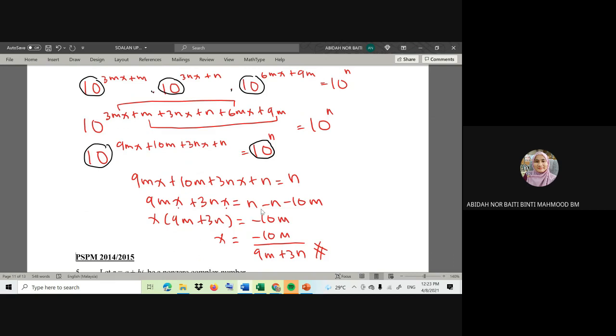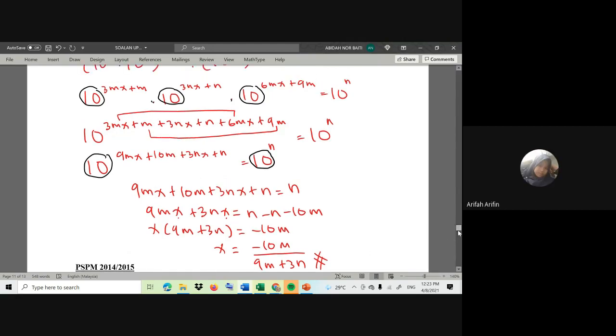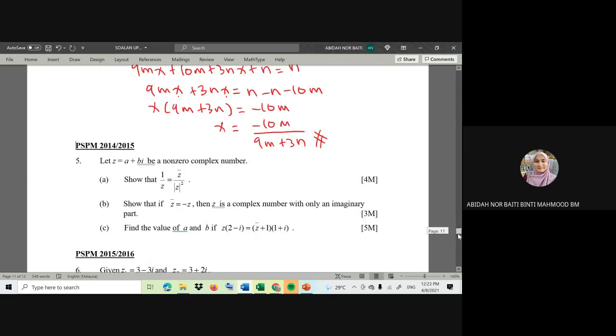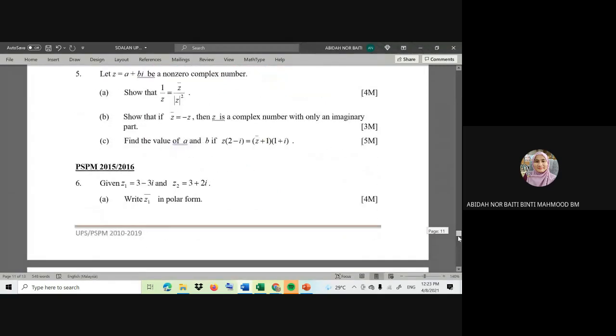So any question? Untuk log ni, ada soalan tak? Ada soalan? 6 marks ya? Boleh ya? Tak ada. Boleh. Okay, for question number 5, student number 5, dah buat tak number 5?